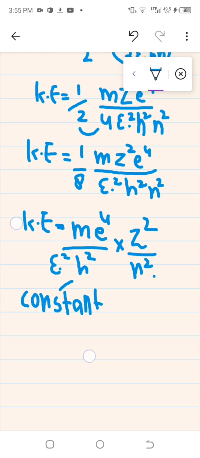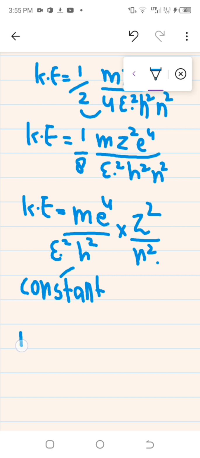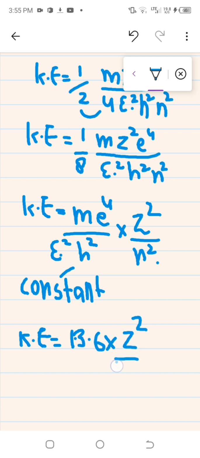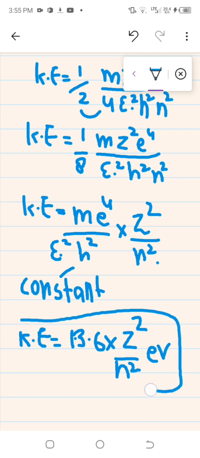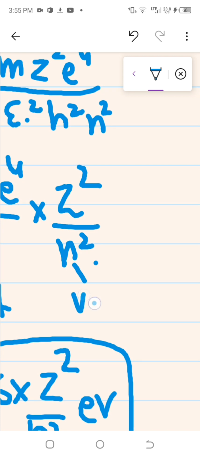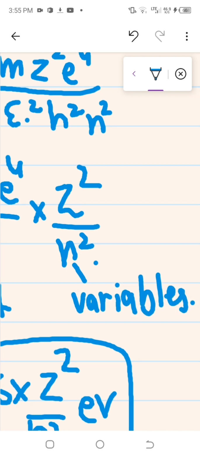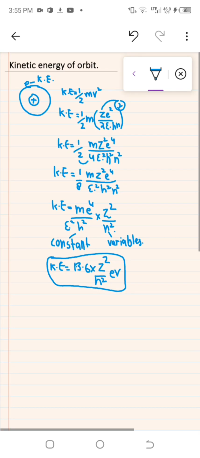When you put in the values of all the constants, we get 13.6 Z square over n square electron volt. This is the kinetic energy of an orbit, and these are the variables. I hope it is clear how I calculated the kinetic energy of the electron.